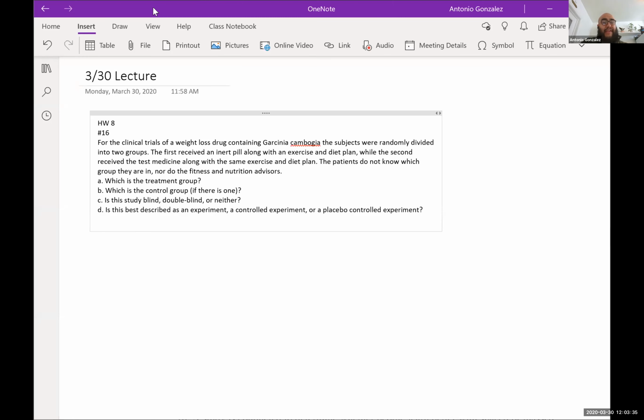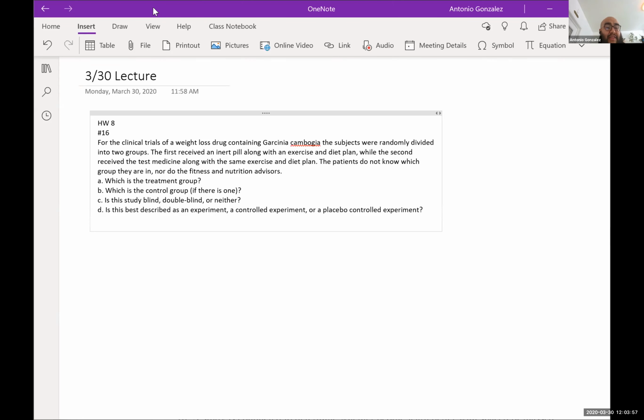The first received an inert pill, so I'm assuming that's some kind of a placebo, right? And with an exercise and diet plan. While the second received the test medicine along with the same exercise and diet plan. The patients do not know which group they are in, nor do the fitness and nutrition advisors.